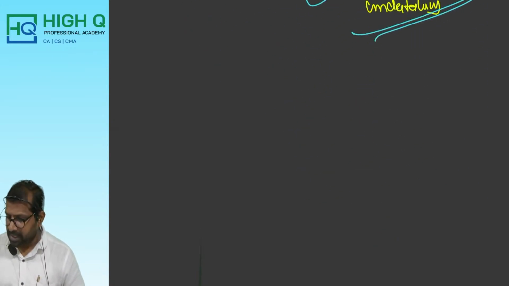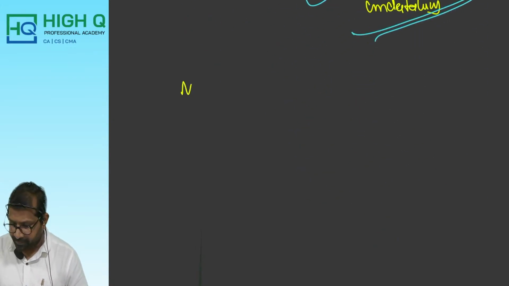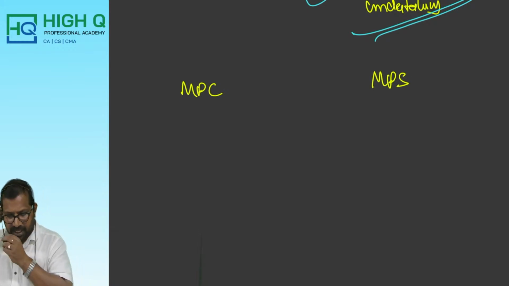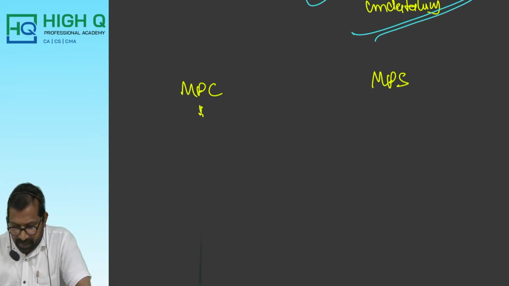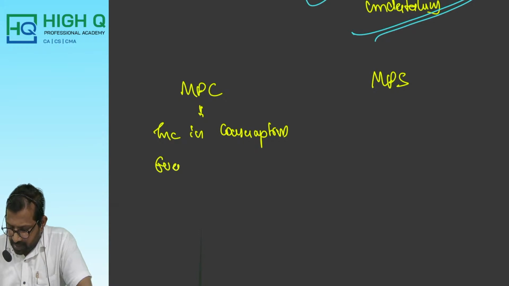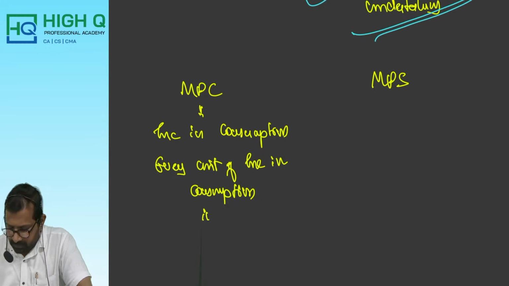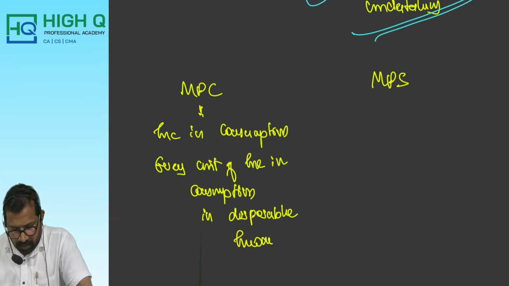So in this Keynes theory, another most important concept is MPC and MPS. Here MPC is the increase in consumption, every unit of increase in consumption in disposable income.